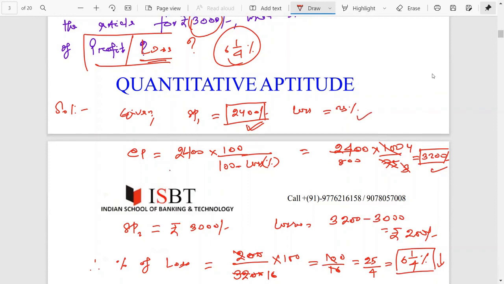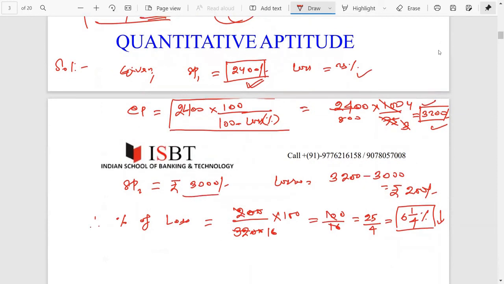So at that time we can get the cost price. Cost price is equal to 3,200. Okay. And again, he wants to sell it for 3,000 rupees. So it must be a loss. 3,200 rupees minus 3,000 rupees is equal to 200 rupees loss. So now the percentage loss means loss by cost price into 100. That is 6 whole 1 by 4%. Okay. This is the type 1 का second question.